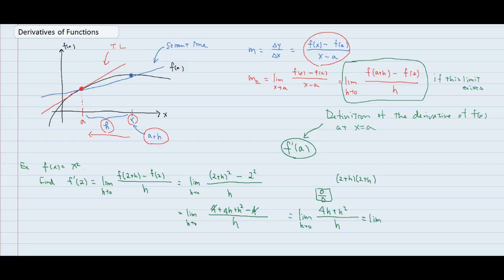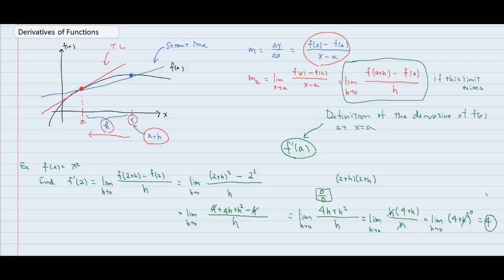In this case, what you can do is factor out the h from the numerator, so I get 4 plus h, and the denominator is h also. Canceling that out, you're going to end up with limit as h goes to 0 of this expression 4 plus h. Now this is something that I can plug the value of h in for, so this goes to 0, and you end up with this quantity 4.